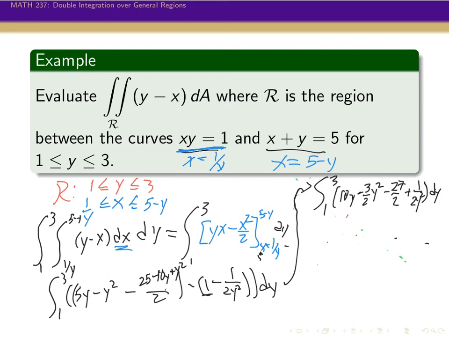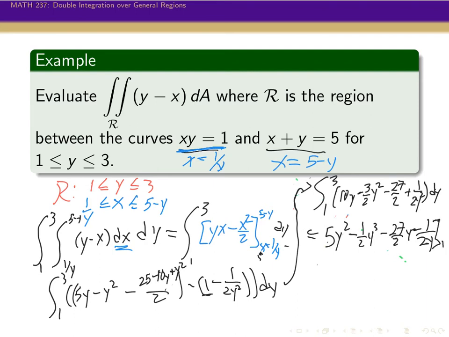So integrating this in terms of y, I get 5y squared minus 1/2 y cubed minus 27 over 2y plus, so this is really 1/2 y to the minus 2, and the integral of that would be minus 1 over y, minus 1 over 2y.